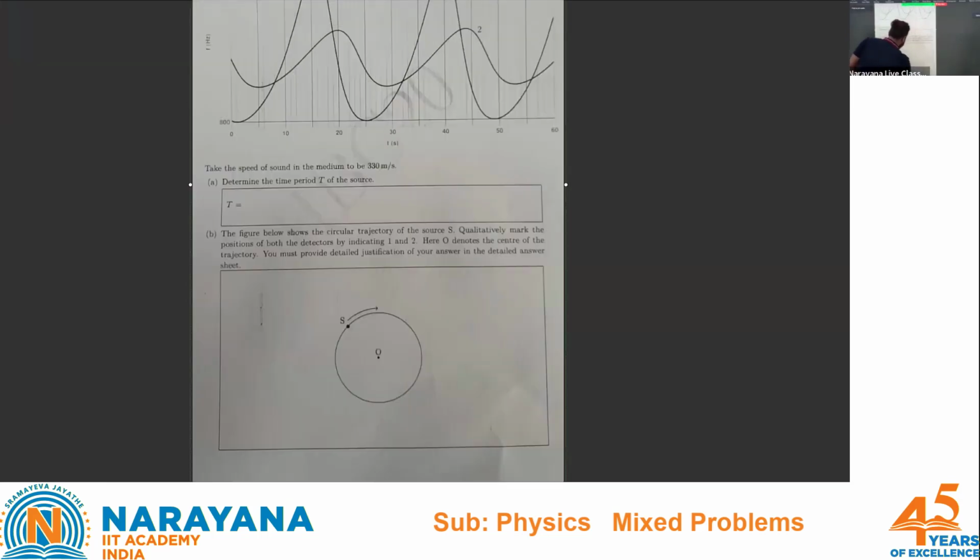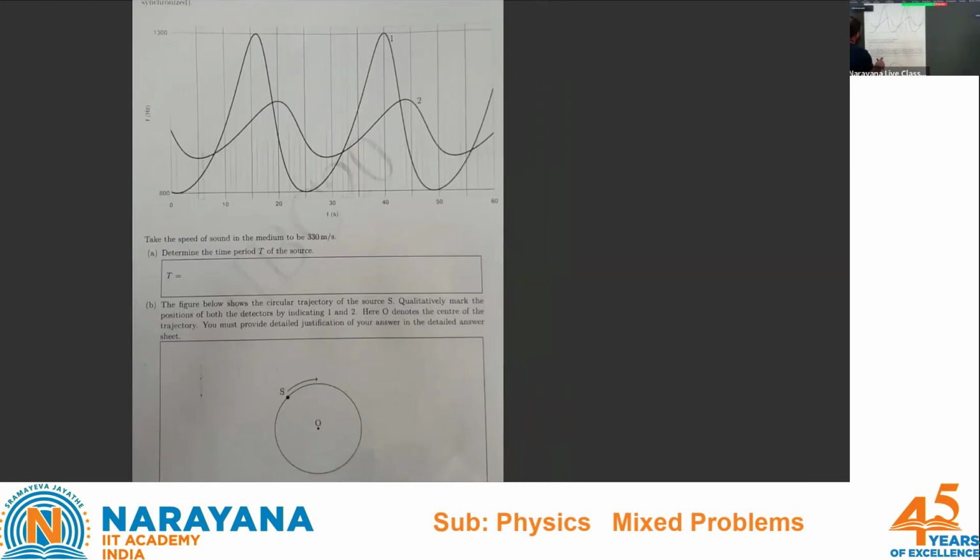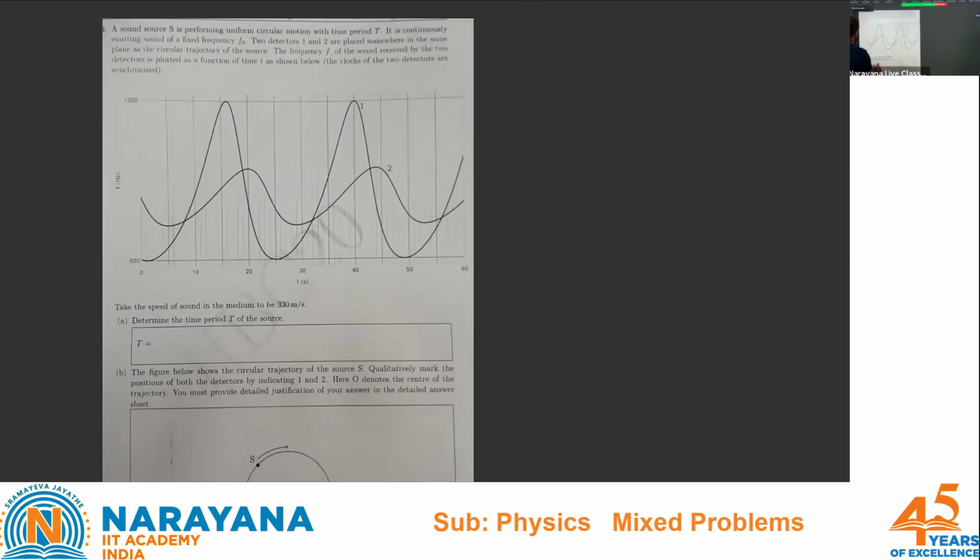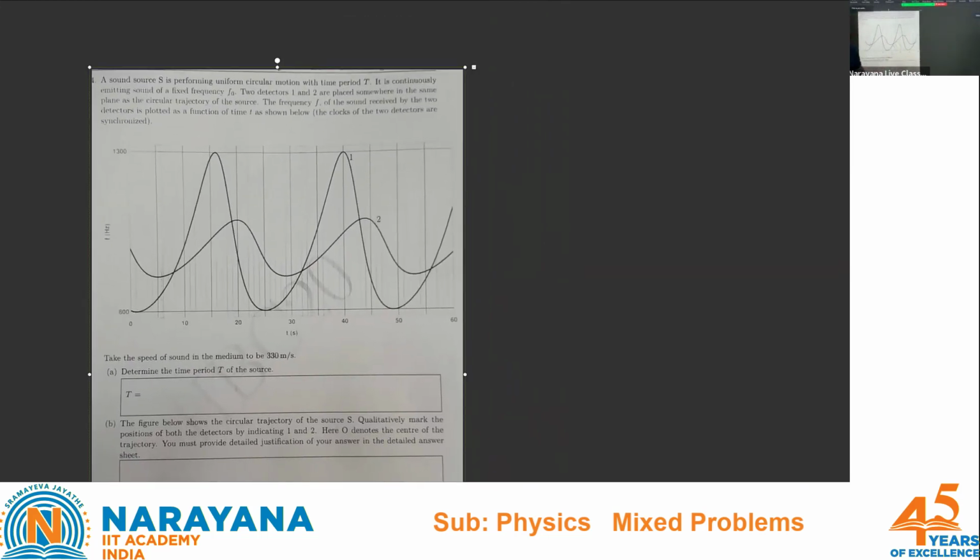I'll show you other parts of the problem too, but try to focus on this data first. A lot of things you have to do geometrically to finally converge at the final solution. I'll give you the graph also appropriately because this graph was drawn on scale and these values and grid do have importance, right? So don't worry. Let us read the question first.